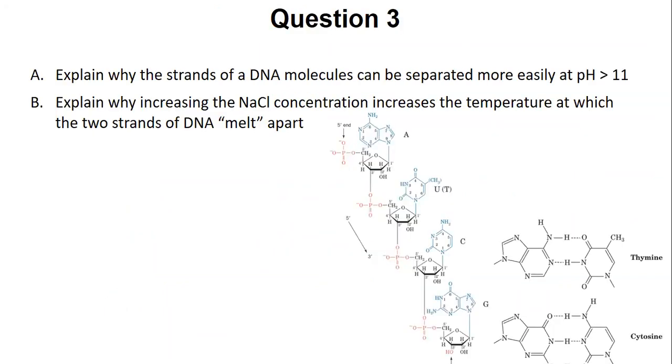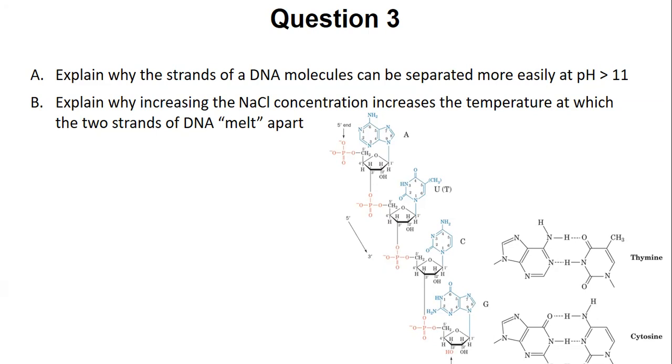So let's think about DNA itself, right? And here are two questions that I would think are critical thinking questions to see if you really understand the biochemical properties of DNA. So two questions I want you to think about, and let's start with A. Why do the strands of DNA separate more easily if the pH is above 11?